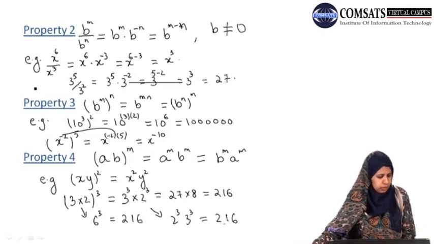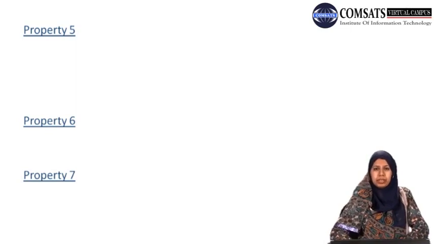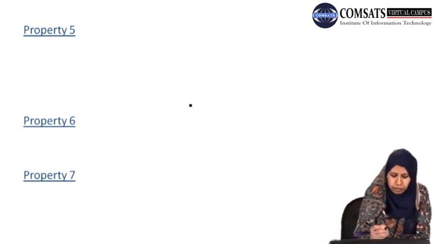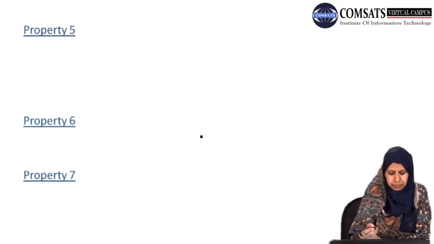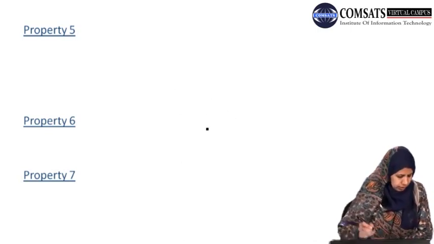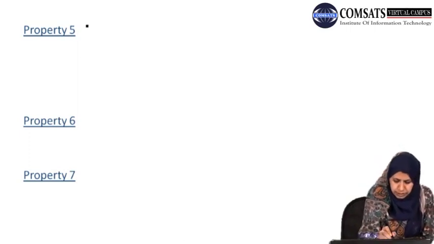Okay, now we come to our fifth property, which is about the radicals. We have also seen this property in our algebra classes in school. What does this property say? Let's revise it.